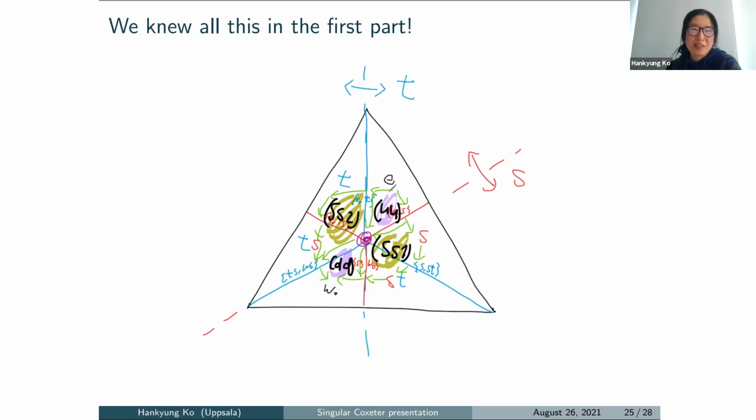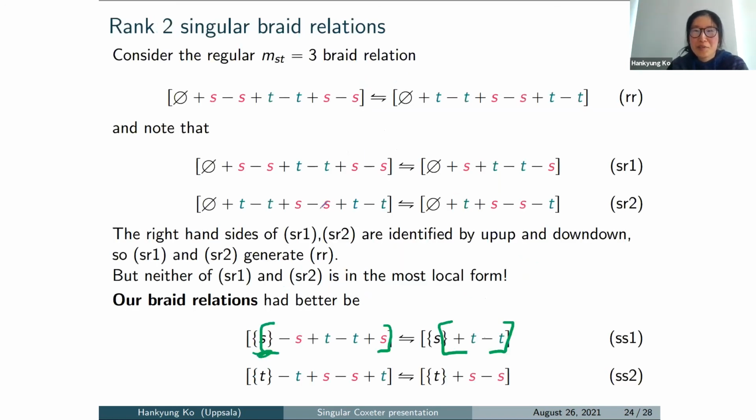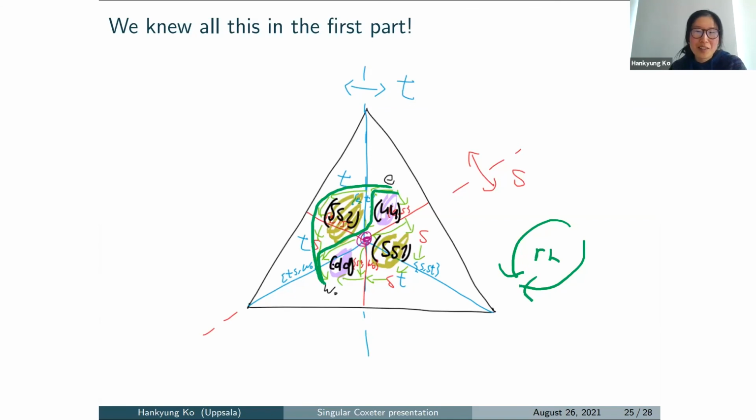We had this big thing, which is RR according to here, and then instead of this, I think this would be SR2, but instead we can ignore this part, and that's how we get these smaller ones.